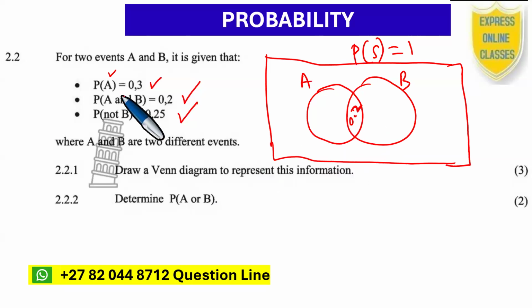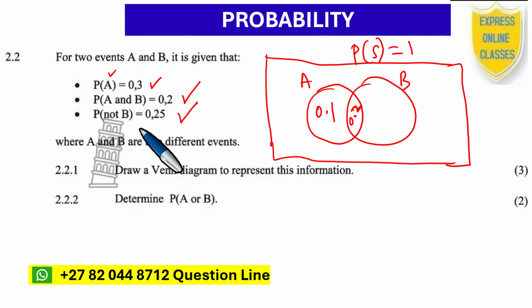The probability of A alone is 0.3. So if the probability of A is 0.3, there's 0.2 here, so this is 0.1, so that 0.1 plus 0.2 is 0.3. The probability of not B is 0.25.